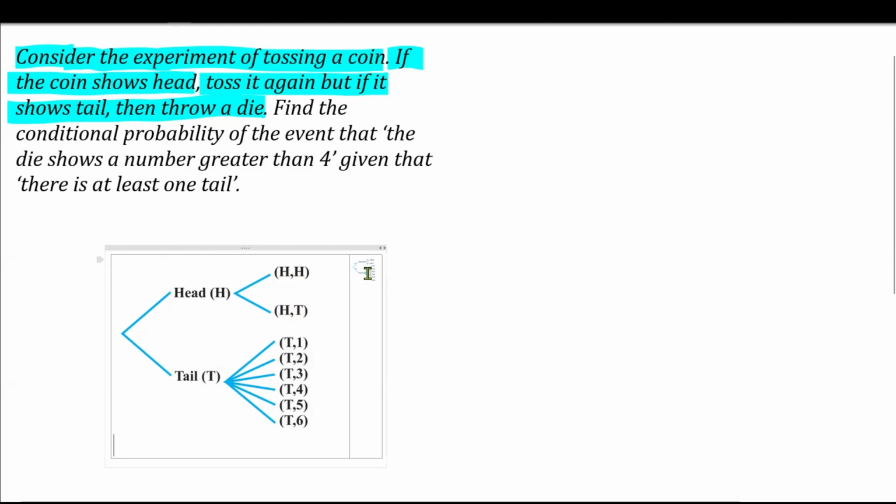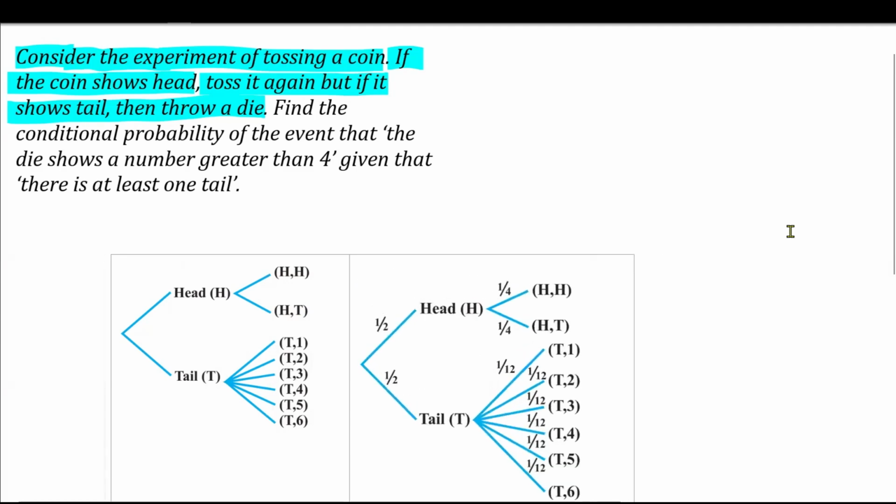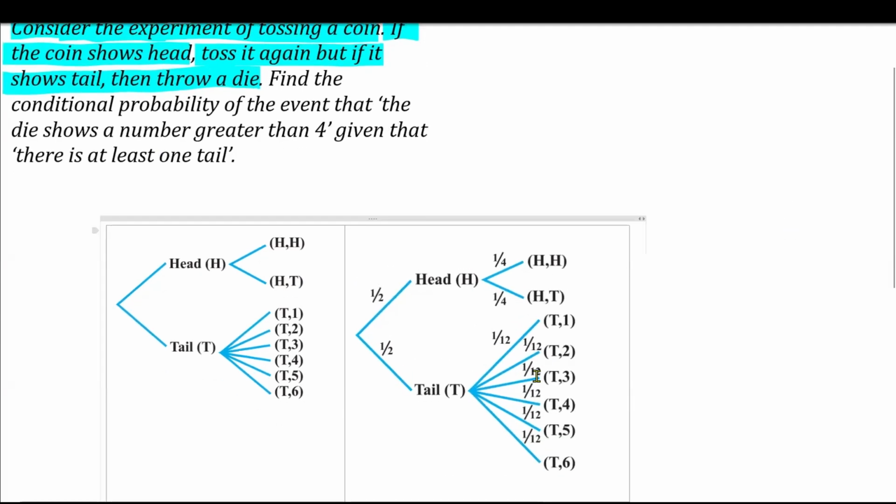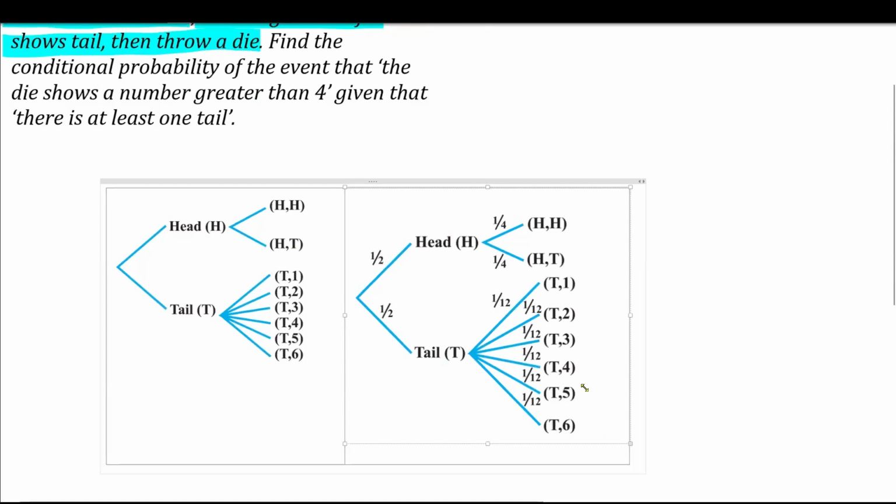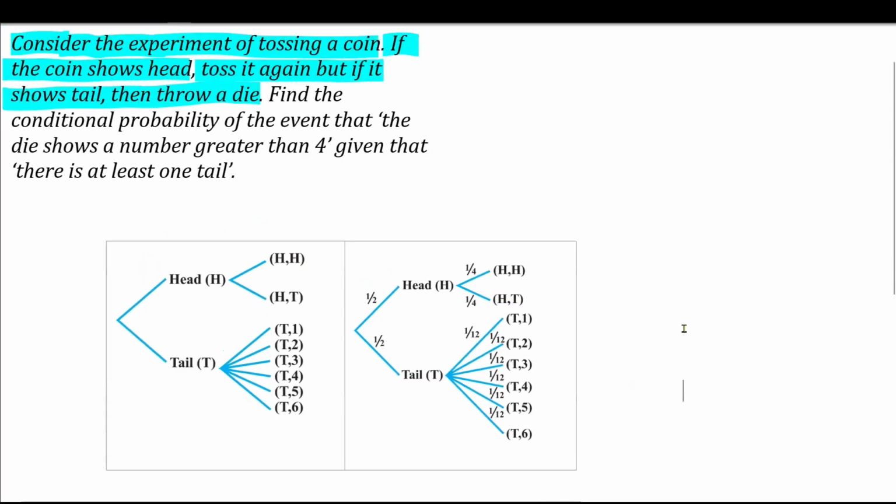Now, let's find the probability of occurrence of each event. As we have already discussed, the probability of getting head is half and that of tail is half in the first throw. Getting a head in the second throw is also half. So half of half is 1/4.